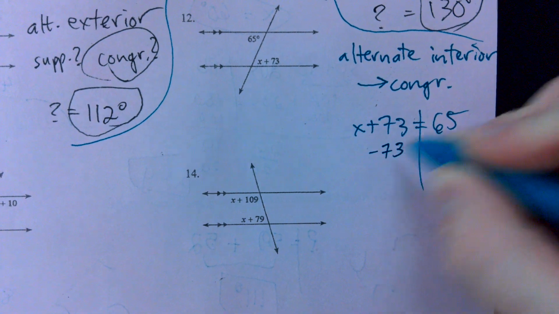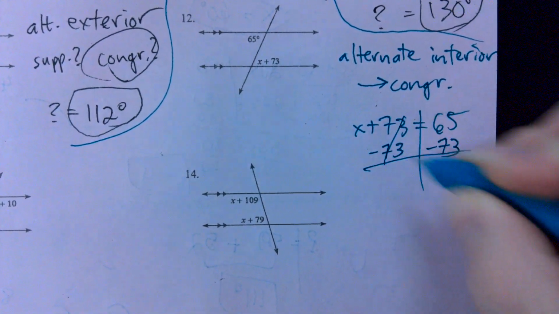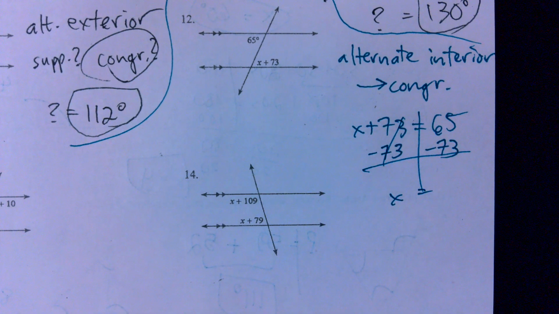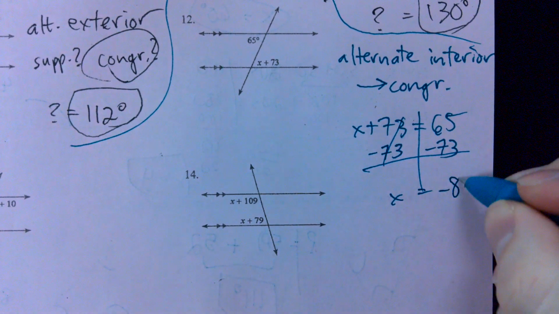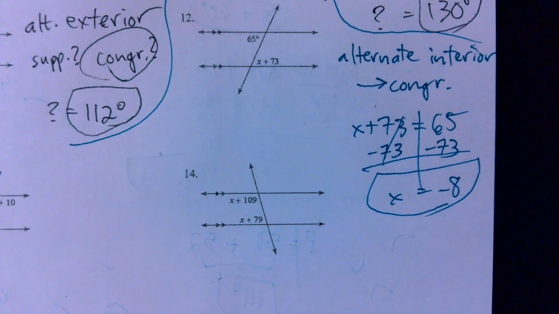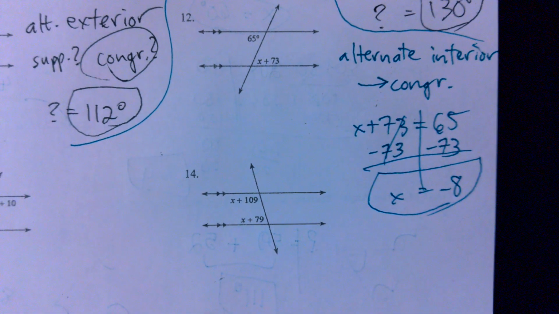When we subtract 73 from both sides, what do we get? 65 minus 73, what does that get us? Negative 8. It's totally fine that we have a negative number because, again, we are not finding the angle measure. We're finding the missing variable, which in this case is negative 8.